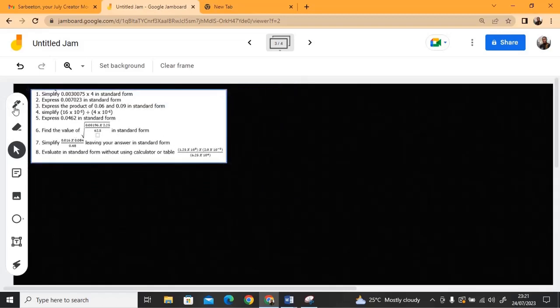I'll write it again. Now the first one they said you should make this in what? In standard form. You have 0.0030 times 4, right? So I can just use my normal multiplication.